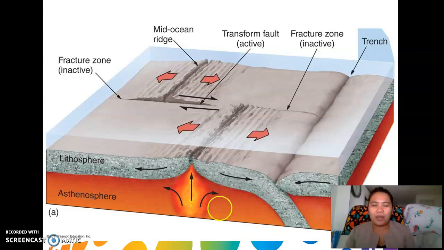In this case, it will go back up again and create a new crust. But we will have a different discussion on this, because those plates move away from each other.